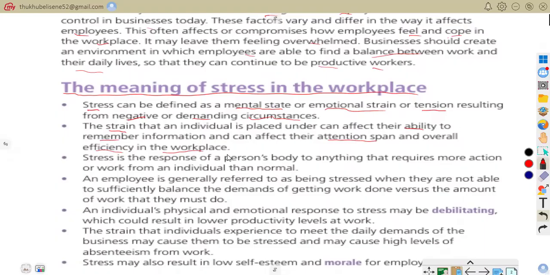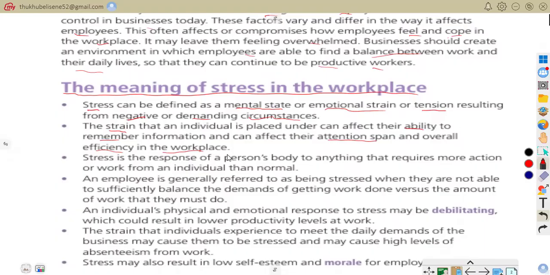When someone is stressed, they struggle to focus, remember things, and work effectively. So when you are stressed, you are not going to focus, you are not going to remember, which affects your memory, and you are not going to work effectively.